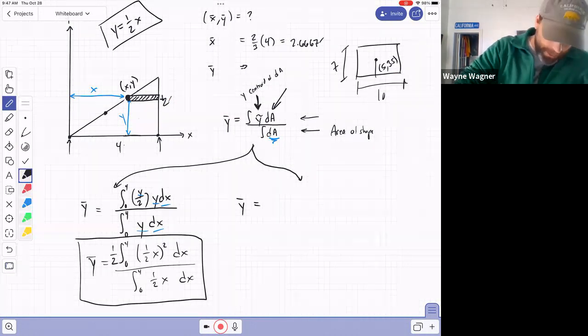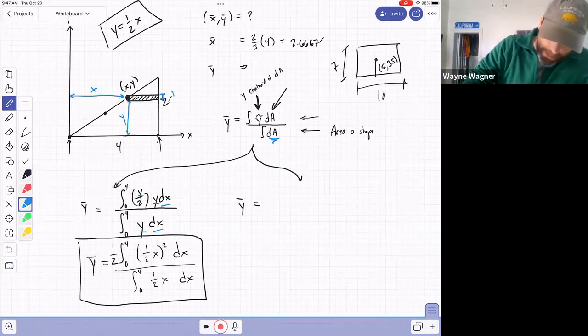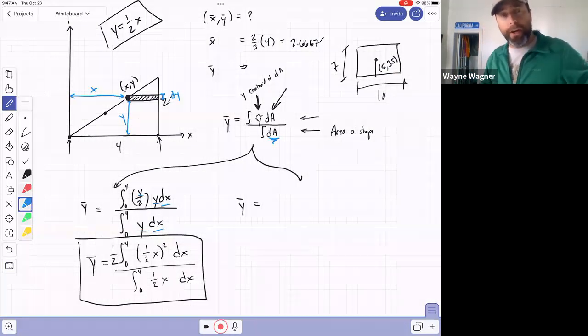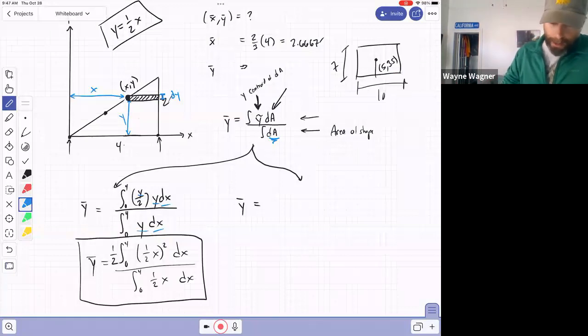So here, let me do this in blue. This little thing right here, that's a dy. I highly recommend you draw these little rectangles out. A lot of people don't want to do that. I have no idea why. It totally helps. So again, we're going to do the bottom first, the dA. The problem with this is this distance right here is not so clear.